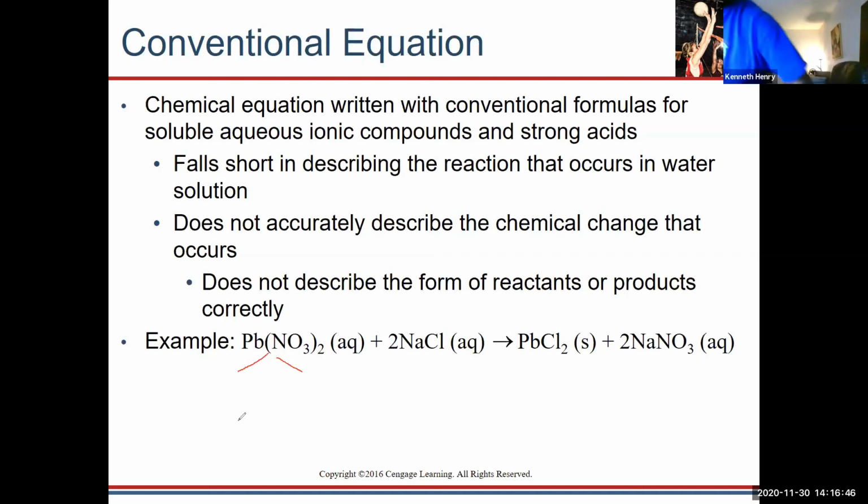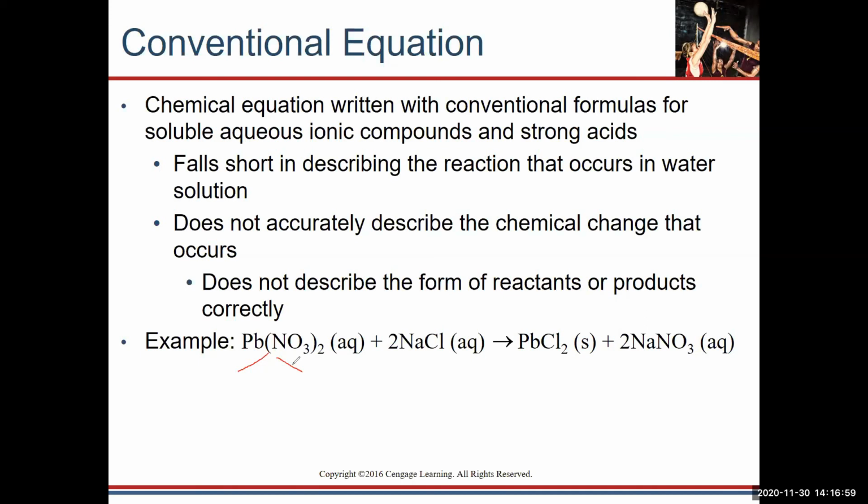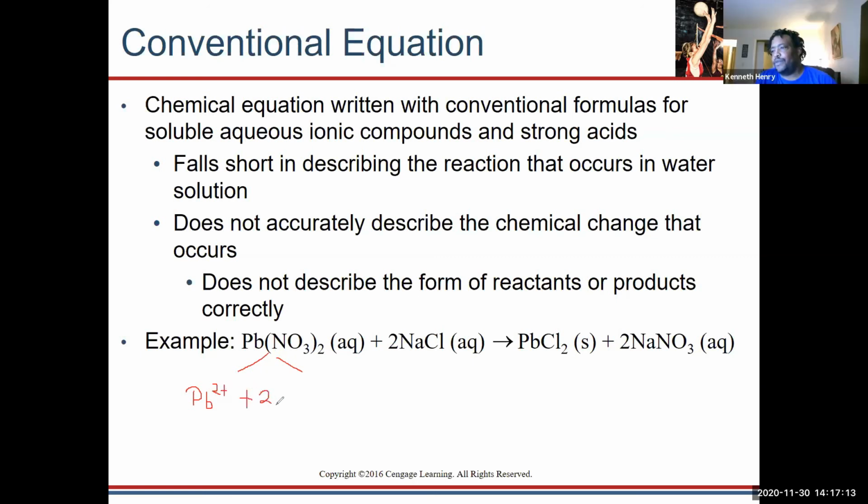Okay, so let me rephrase this. If these guys were dissociating, separating into their ions, what are the two ions that we're getting from lead nitrate? It would be Pb 2+, and then it'd be 2NO3 2-. That's right, 2NO3 2-.